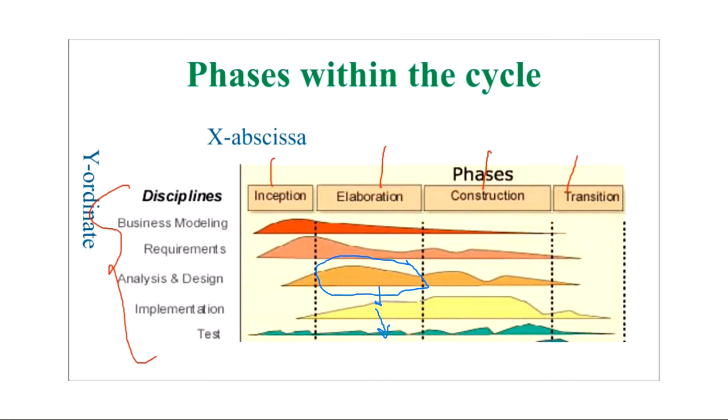These bugs didn't come because of this coding. They came because of this design part. So you will iterate back to this design part. That is why in every phase, elaboration phase, construction phase, you are seeing some bits and pieces of graph.